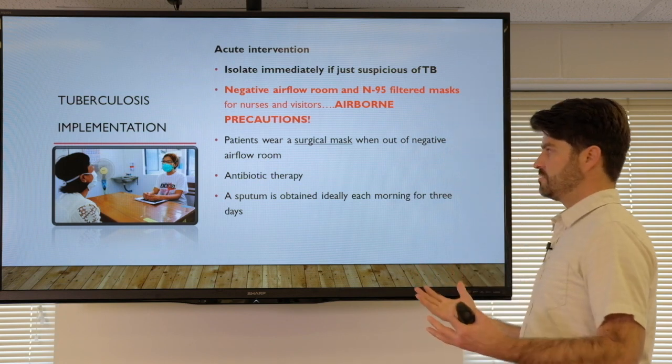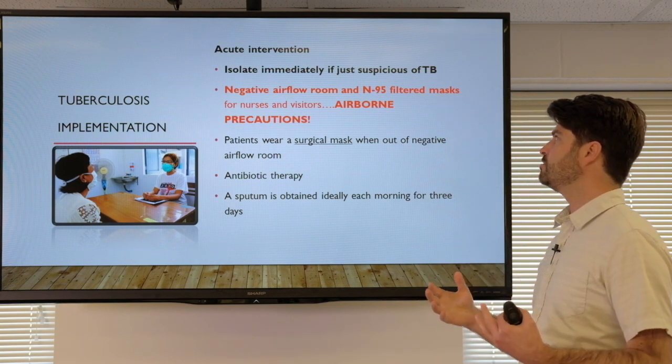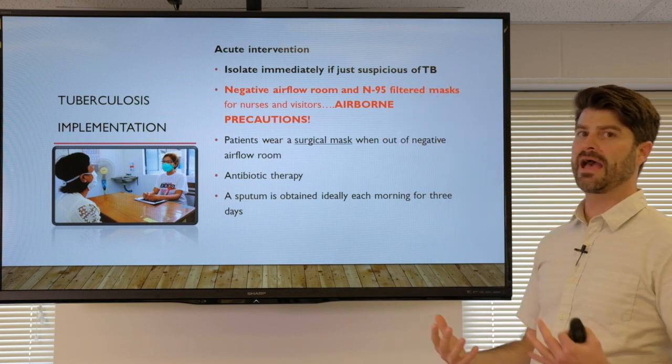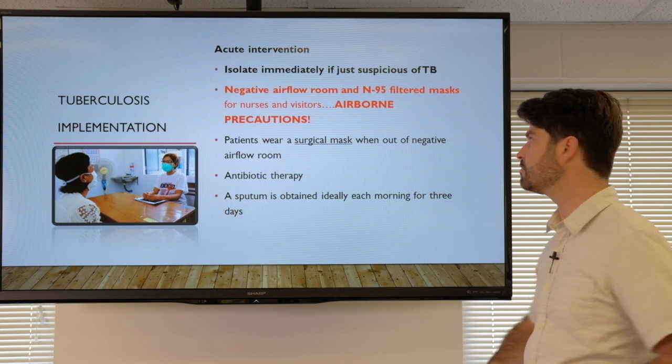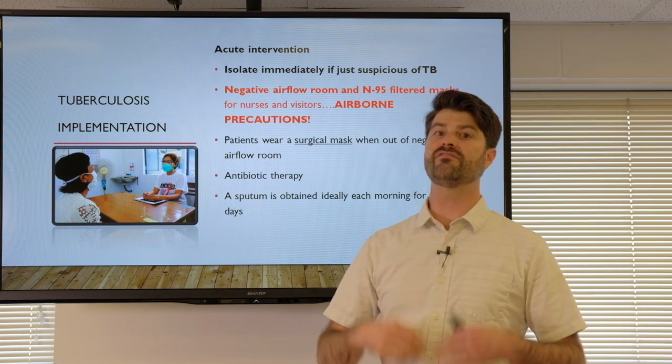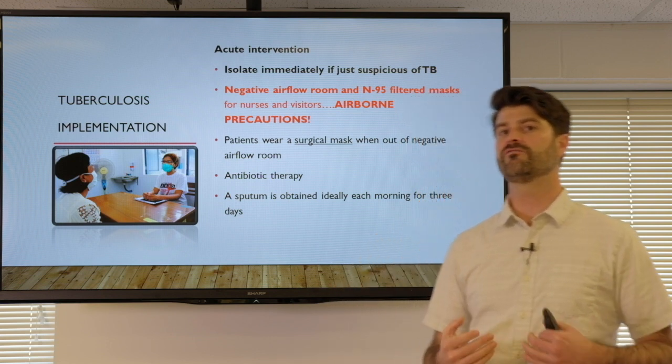So as part of our implementation, the first thing we want to do is actively intervene. We don't want to be passive about how TB presents in patients. That means isolate immediately if you have even the slightest suspicion for TB.